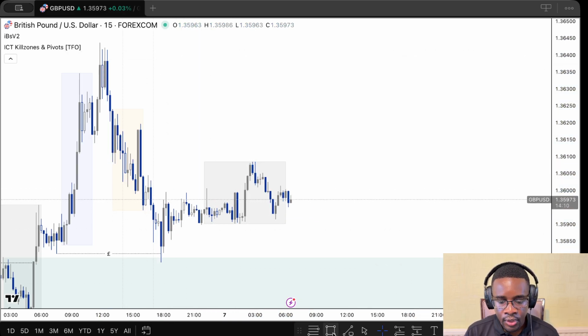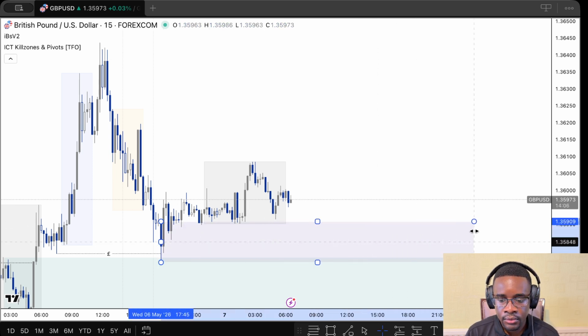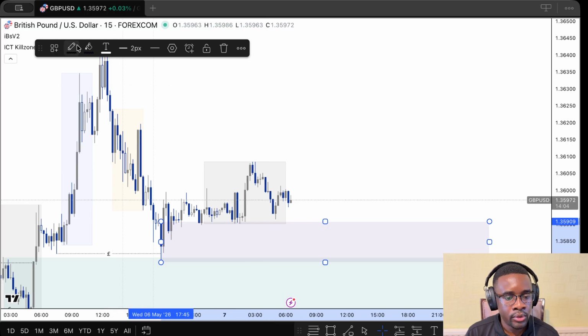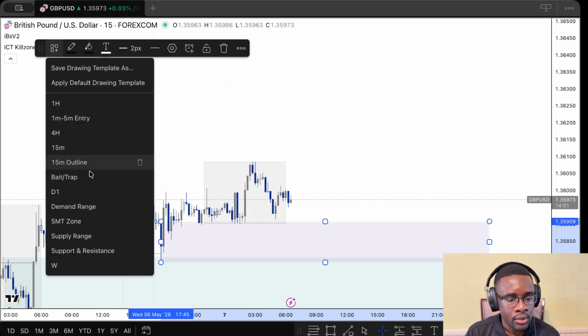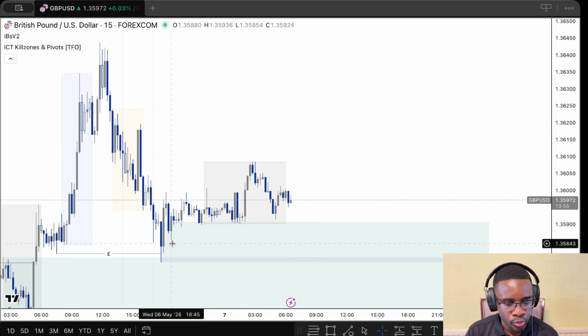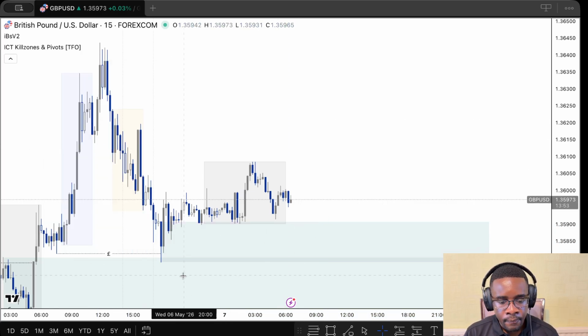So because of that, I'm actually going to mark this as my liquidity sweep demand. That's my sweep demand. So this has already been mitigated, or at least tapped into.